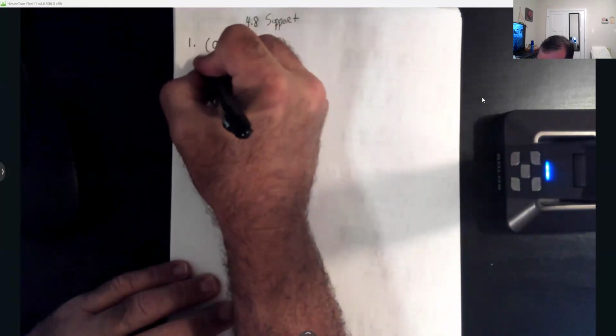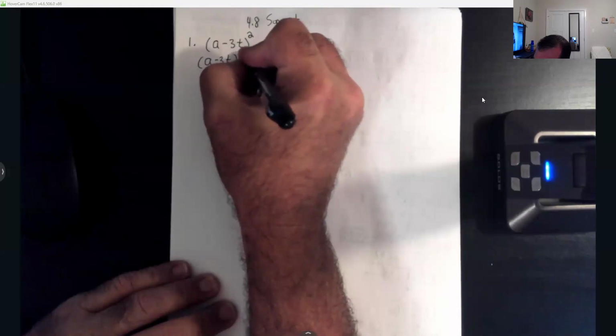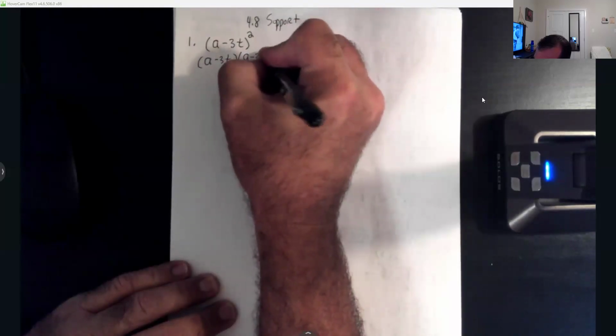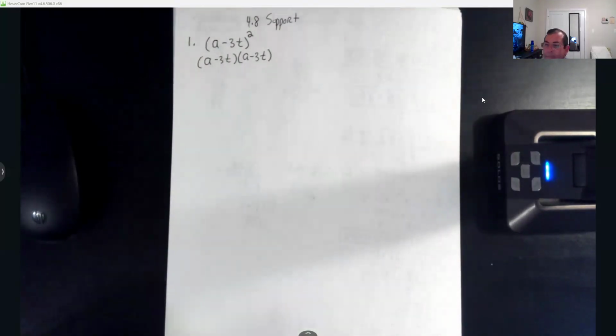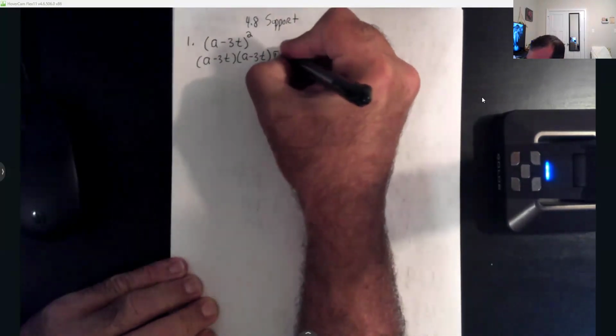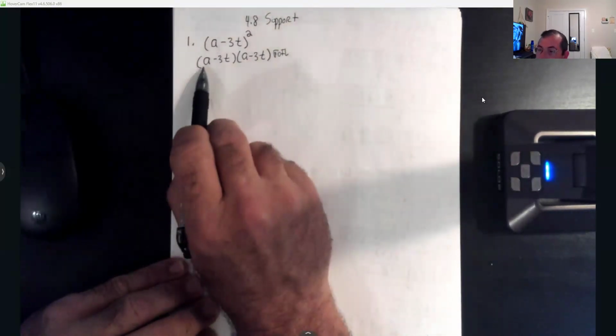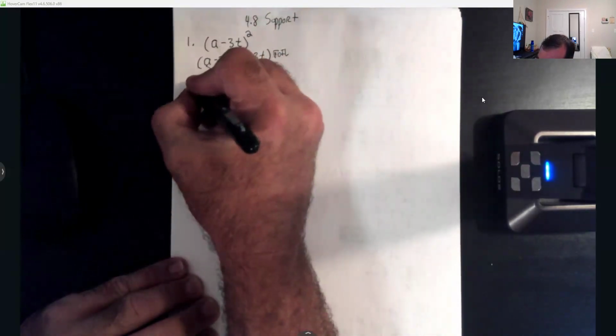So to solve that, I would do A minus 3t times A minus 3t. All right, so on this one, you're going to FOIL. The A times the A gives me an A squared.